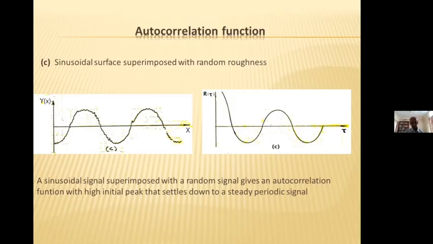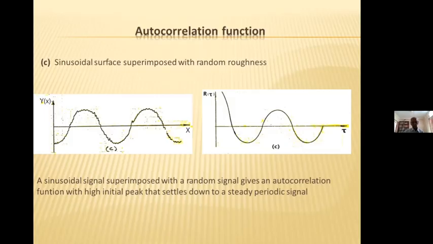So if we get an autocorrelation function like this, then we can say that the roughness is of this order. So these are the ways of correlating or using these functions for our daily applications.